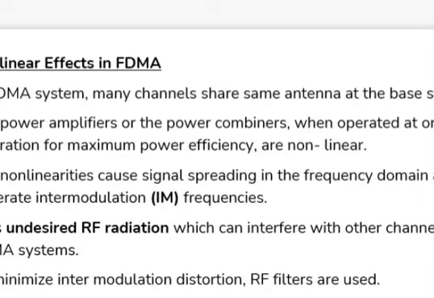Everyone communicates at the same time. When you see the applications of FDMA, it is used in first generation mobile communication systems and also in radio broadcasting, satellite communication, and analog communication systems.